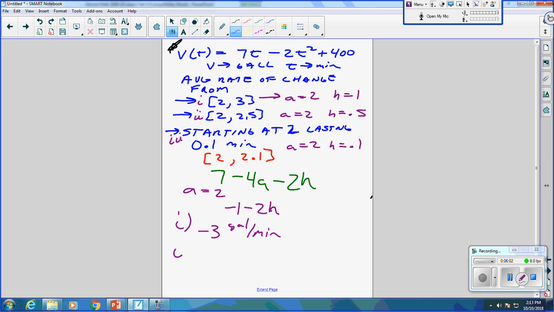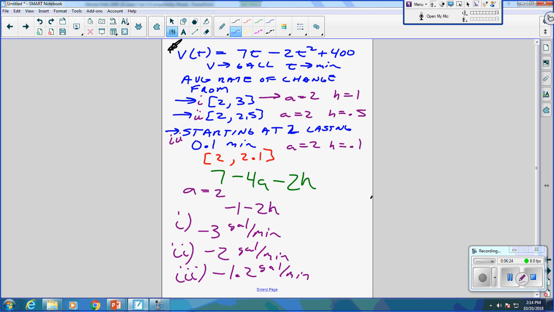How about Roman numeral ii? Plug in 0.5. Negative 1 minus 2 times 0.5. Negative 1 minus 1. Negative 2 gallons per minute. Let's do Roman numeral iii. Plug in 0.1. Negative 1 minus 0.2. Negative 1.2 gallons per minute.